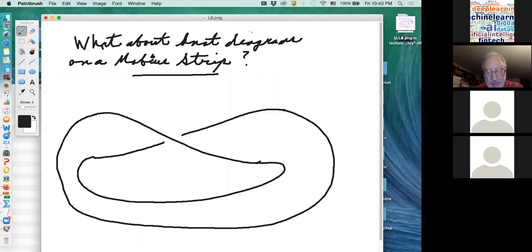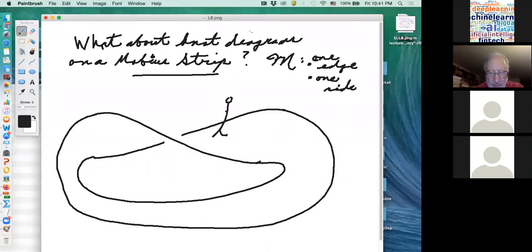The Mobius strip M has one edge and one side. Because if you started on the top of this and you walk around, you'll find that you come back underneath. If you were standing up on the Mobius band here, and you decided to take a walk, the very first thing that happens if you're walking in this direction is that you find yourself down here.